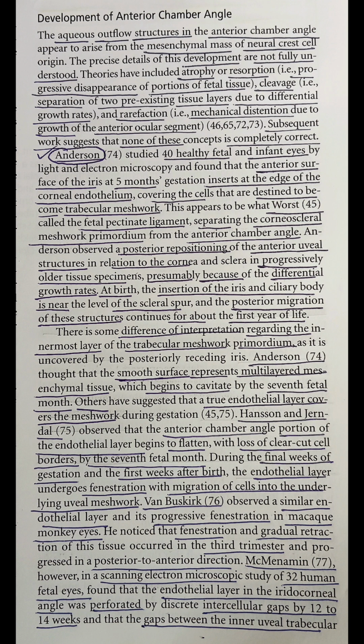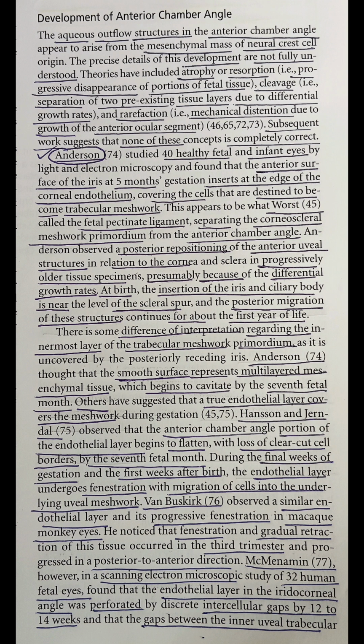There is some difference of interpretation regarding the innermost layer of the trabecular meshwork primordium, as it is uncovered by the posteriorly receding iris. Anderson thought that the smooth surface represents multilayered mesenchymal tissue, which begins to cavitate by the seventh fetal month.